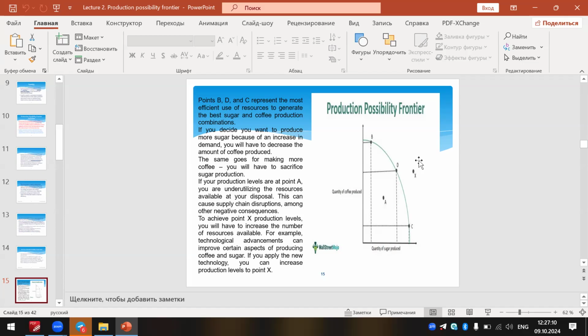So if you decide to produce more sugar because of an increase in demand, you will have to decrease the amount of coffee produced. And then the same goes for making more coffee. You will have to sacrifice sugar production. You see, they also have the quantity of coffee and quantity of sugar.